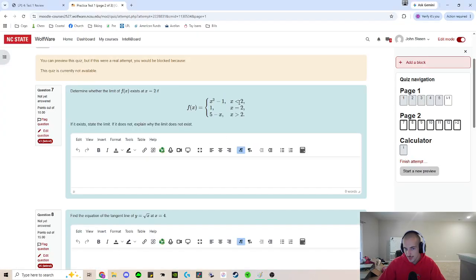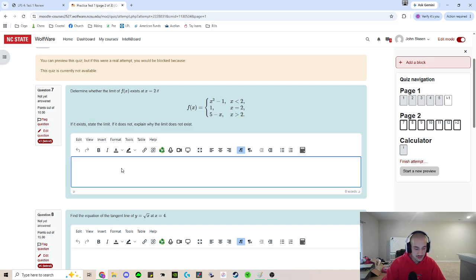Let's plug in 2 and let's see what we get. To plug in 2 here, we're going to get 4 minus 1, because 2 squared minus 1 is going to be 4 minus 1, that's 3. So the left-hand limit is 3. The right-hand limit is 5 minus 2, which is 3.